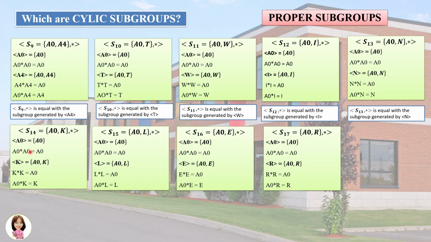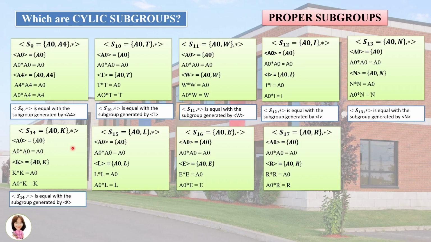Then next we have S sub 14, containing the elements A0 and K under binary operation star. Here, the element generated by K is the generator of S sub 14, since it generates the entire group of S sub 14.